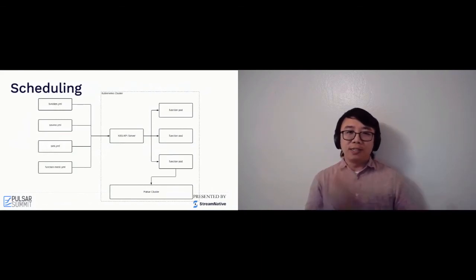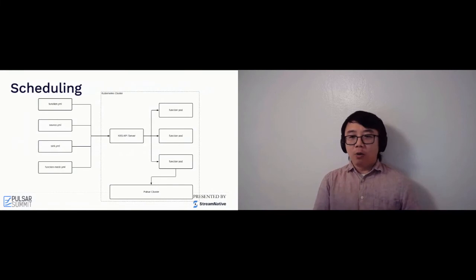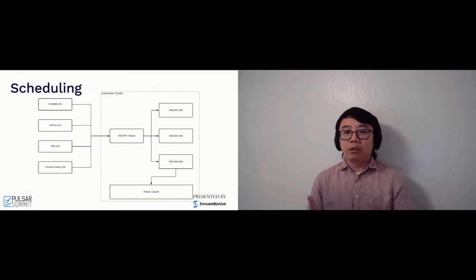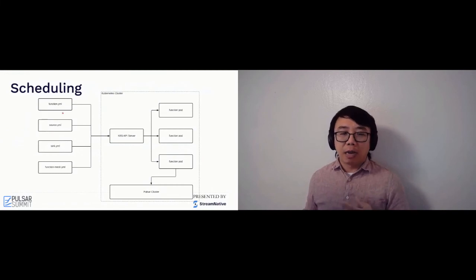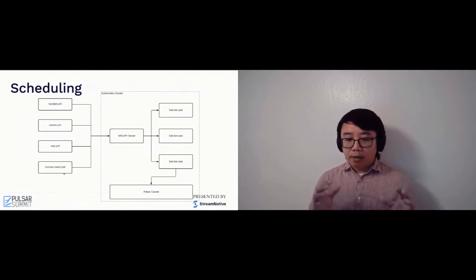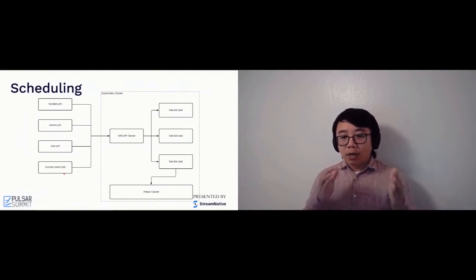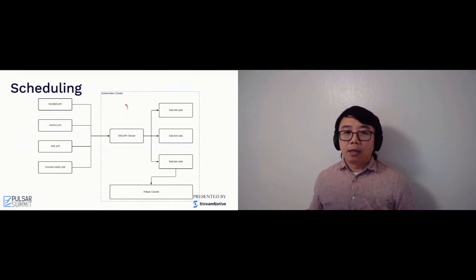We introduced the CRDs, and now you can just talk directly to the Kubernetes API. You can create a function YAML file, source YAML file, sink YAML file and mesh YAML file as a CRD. And once you create a CRD, the mesh controller would receive the CRD from the Kubernetes service, and it will schedule individual pods, and the pods would just talk to Pulsar.